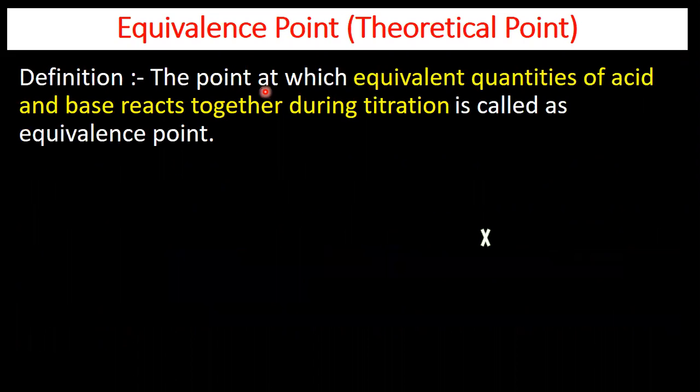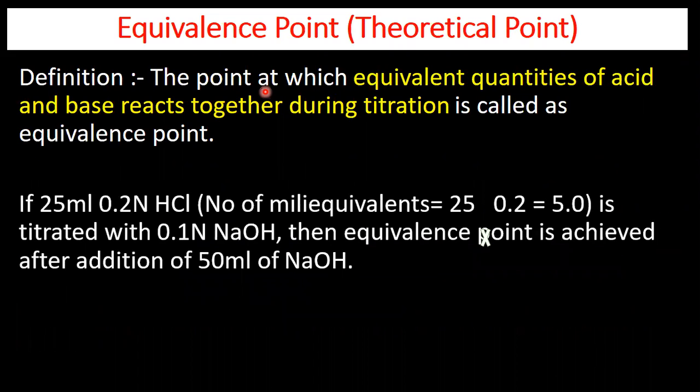Third point. One more example is there. If 25 ml of 0.2 normal HCl, if we calculate its milli equivalents, it will be 25 into 0.2 equal to 5.0.